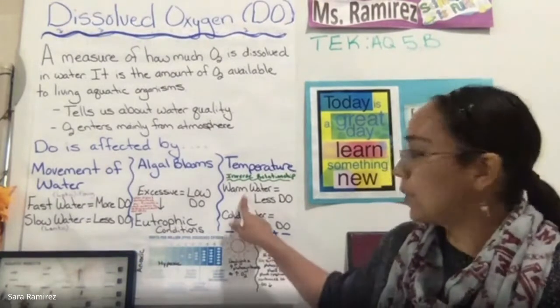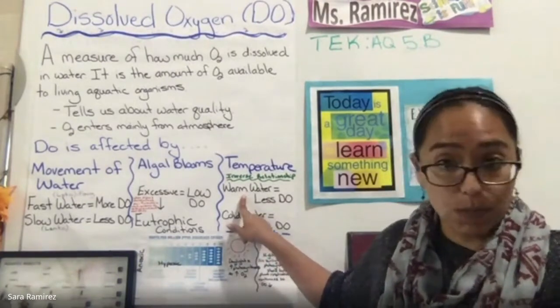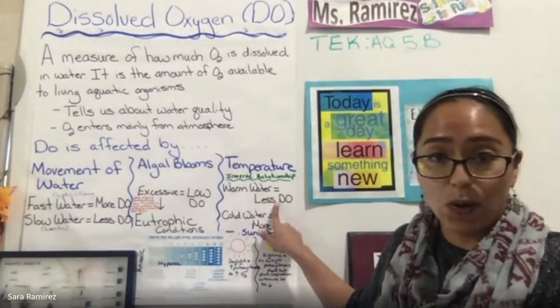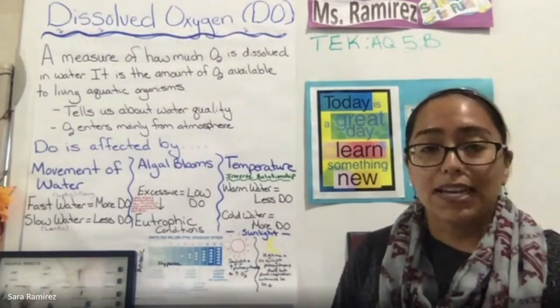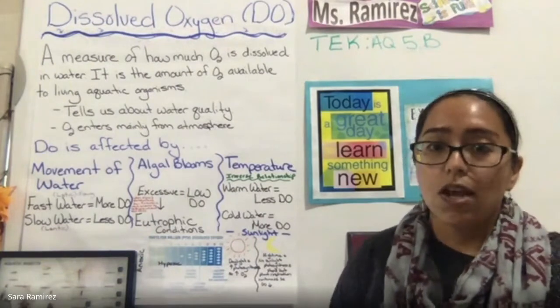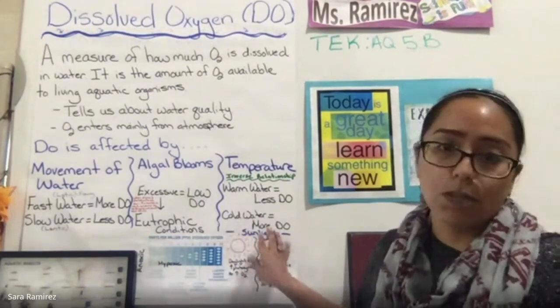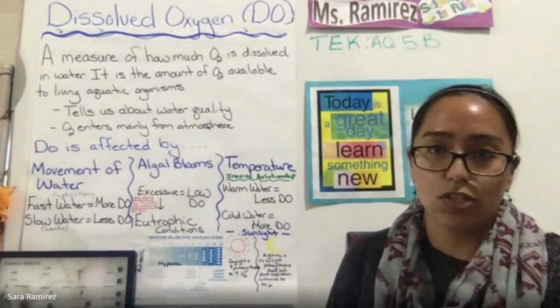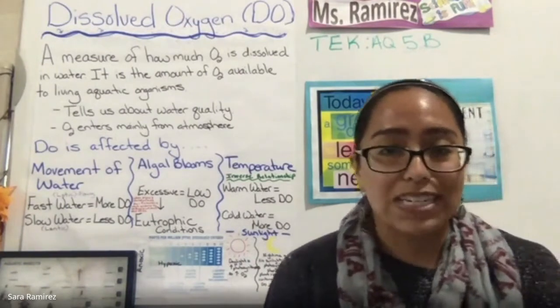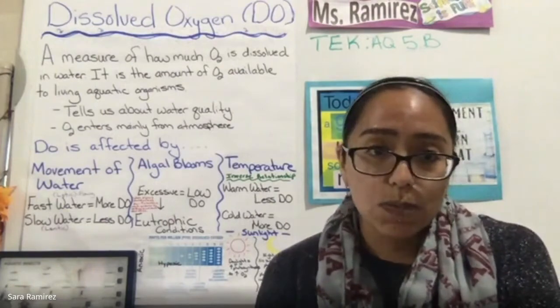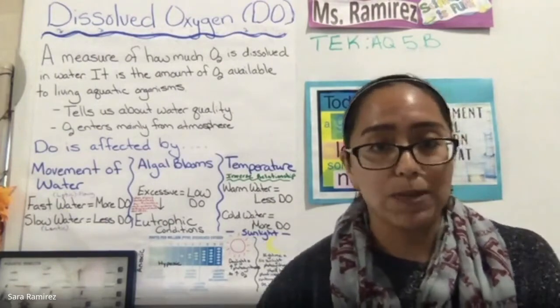So typically when we have warm water, like during the summertime, we're going to have less DO. And then during the wintertime, cold waters can actually hold more oxygen. So if we have cold water systems, you're typically going to have more dissolved oxygen. So there are different factors that affect the amount of dissolved oxygen in a system. I'm going to give it back to Mr. Gorman, and he's going to close up our presentation.